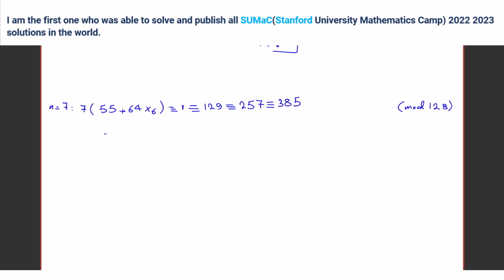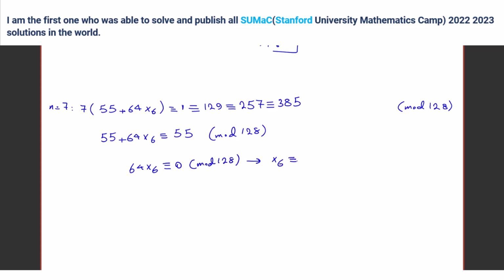Yes. So 55 plus 64x6, if you divide it by 7, it would be what? 55 mod 128. And then 64x6 is congruent to what? 0. Do you agree this one also is easier?